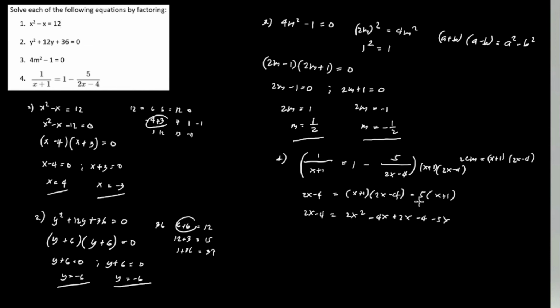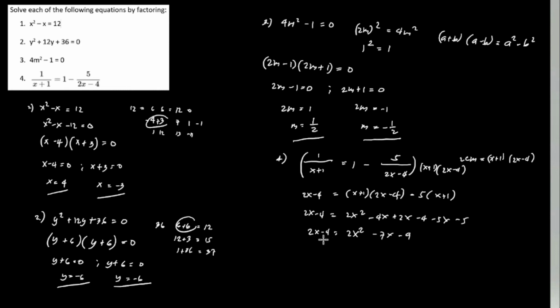Negative 5 times positive 1 is also negative 5. And simplify. So 2x minus 4 is equal to 2x squared. Negative 4x plus 2x is negative 2x minus 5x, or it is negative 7x. And the constants, negative 4 and negative 5, is negative 9.